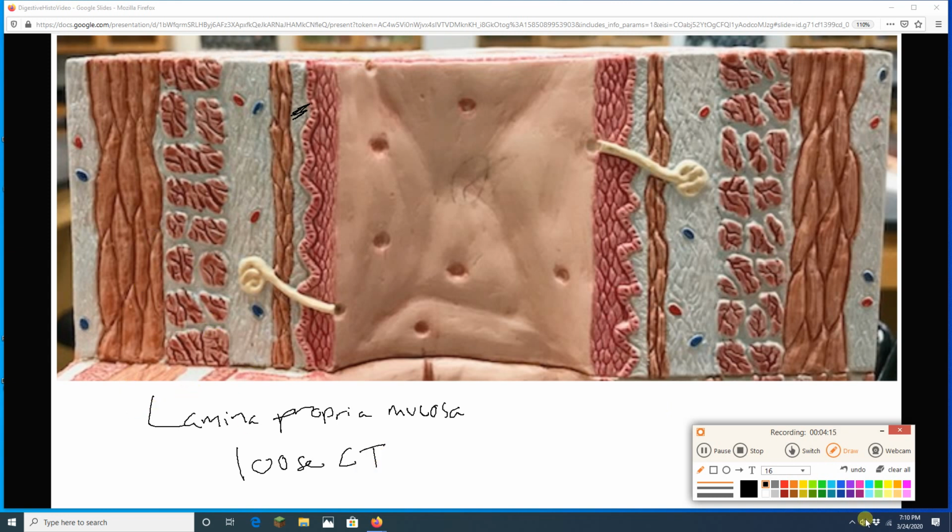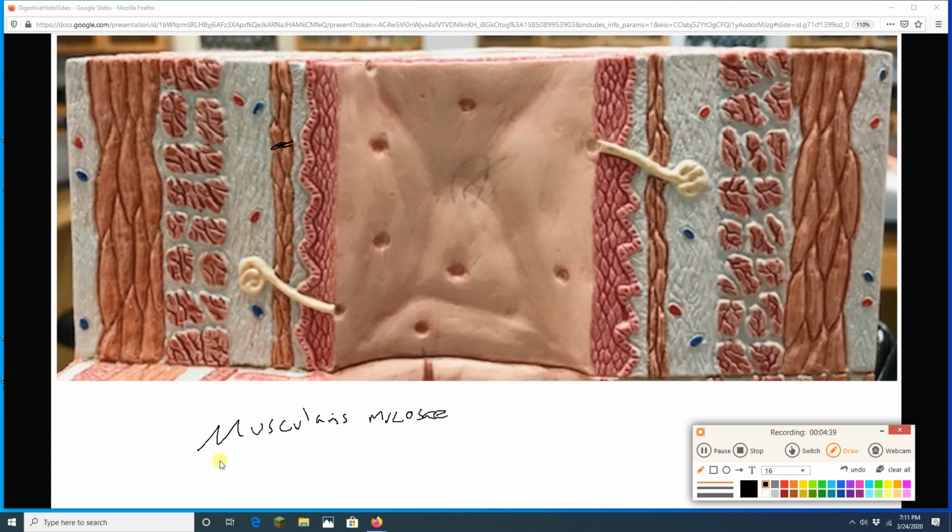Now, deep to that, or sorry, not deep to that, superficial to that, we have this skinny layer here made of smooth muscle. That layer right there is the Muscularis Mucosa, the muscle of the mucosa, in other words.